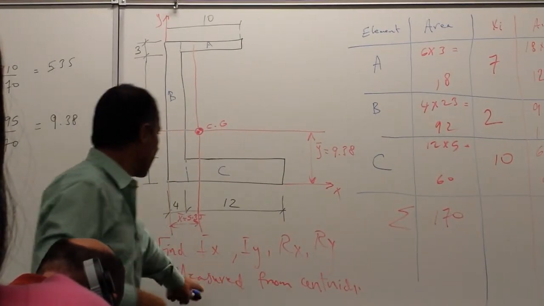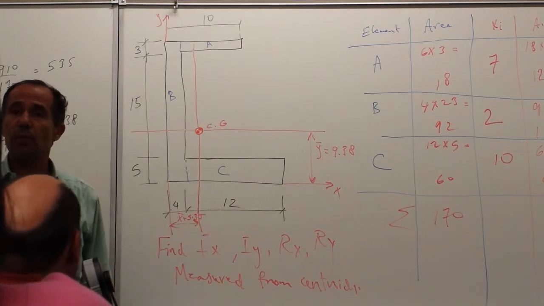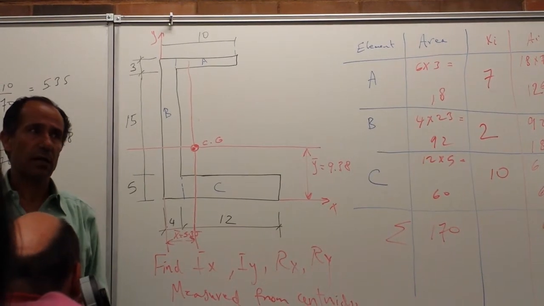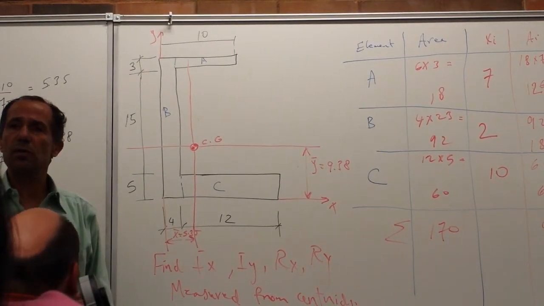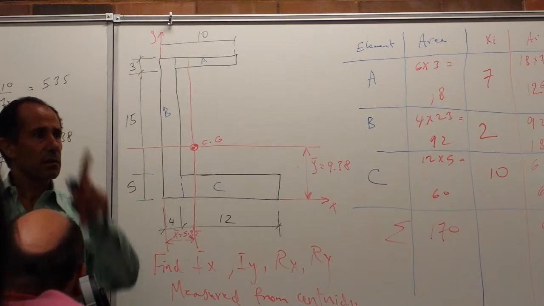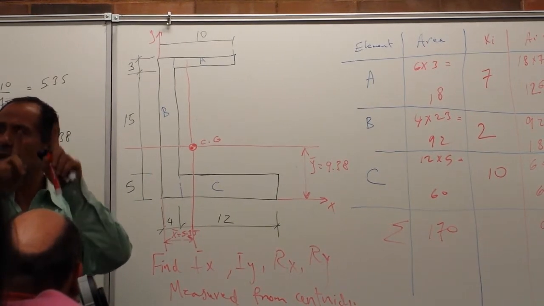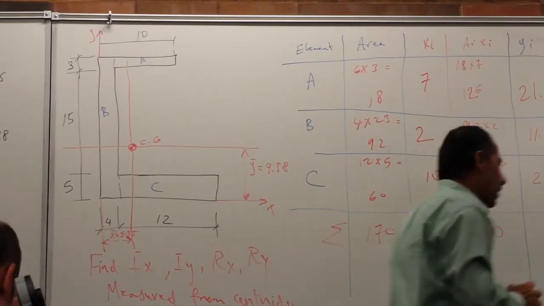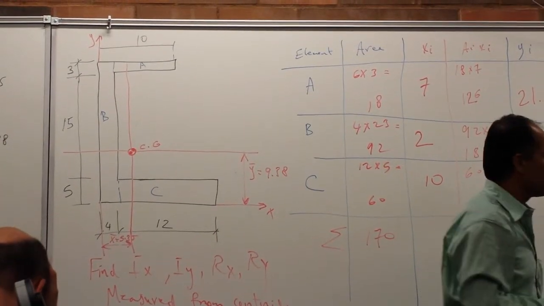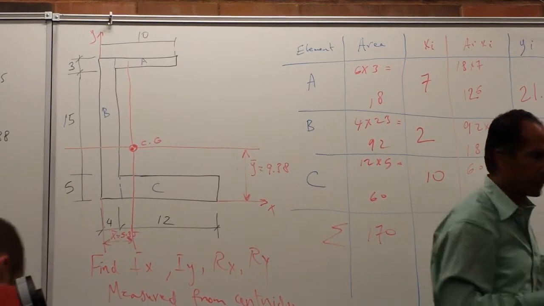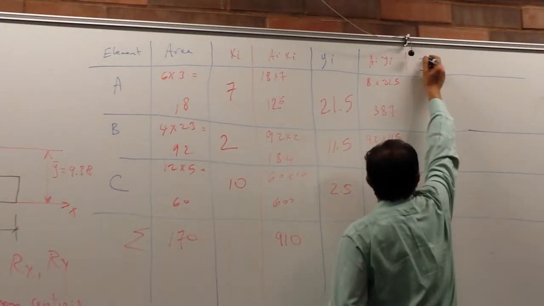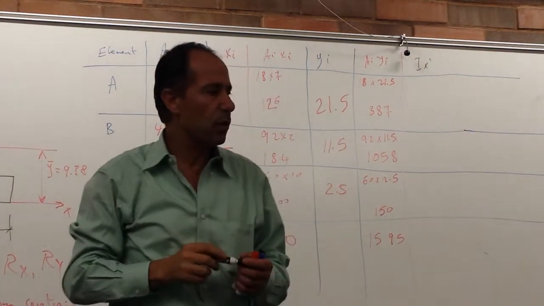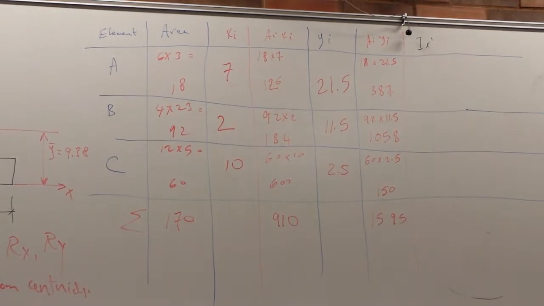The question wants me to measure now all these moments of inertia from these two axes, which means I need to use the parallel axis theorem. So let's start with Ix. When we deal with Ix prime, look at the tables, what the book says.